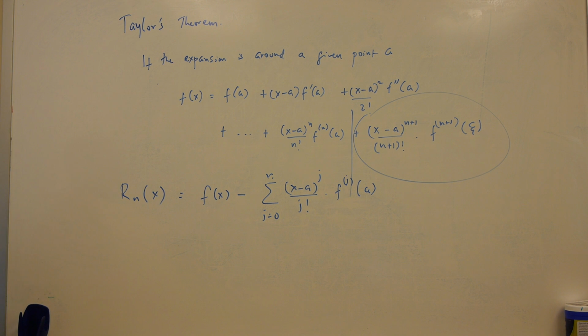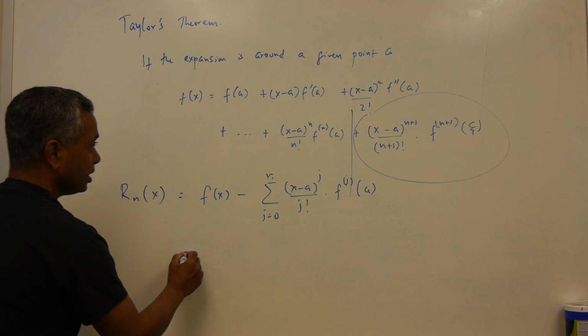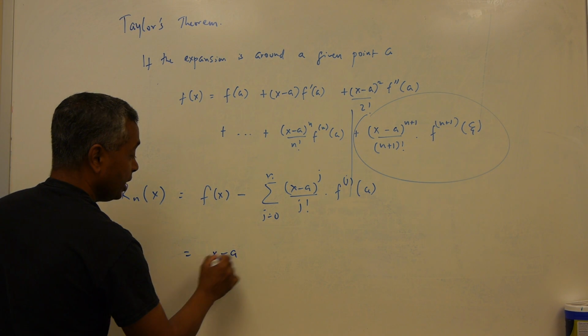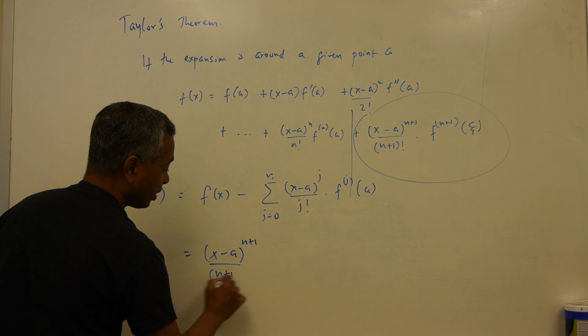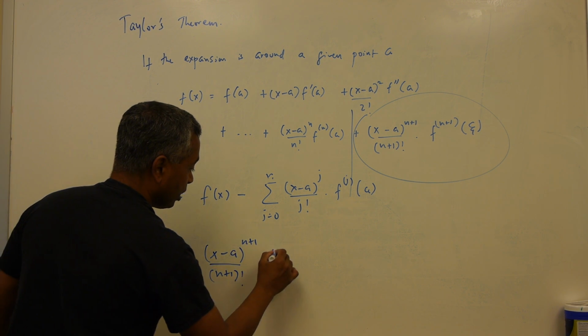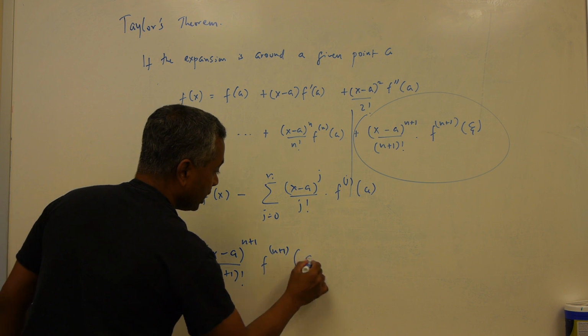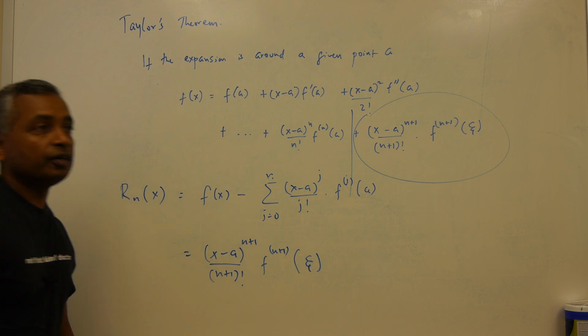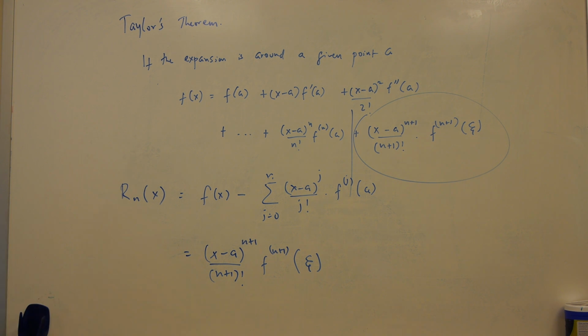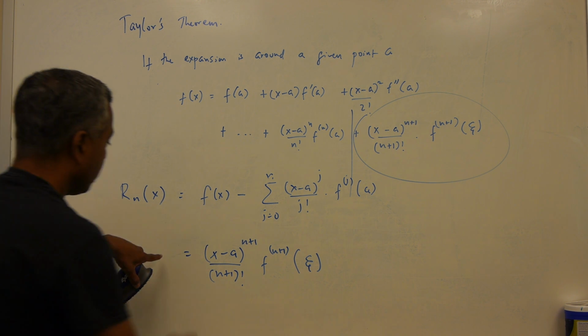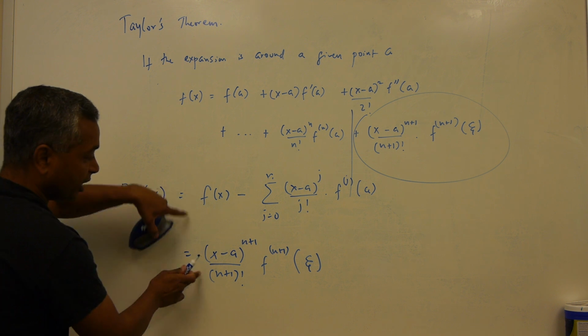So from here you can simply write this as (x minus a) to the power n plus 1 divided by (n plus 1) factorial times f^(n+1) computed at some point eta in the interval between x and a. Now this term is the error term in the finite approximation.